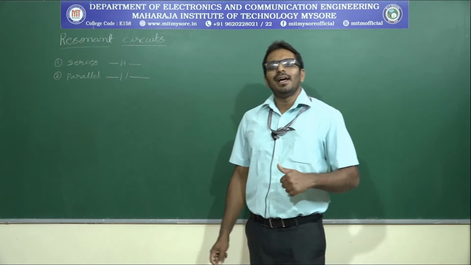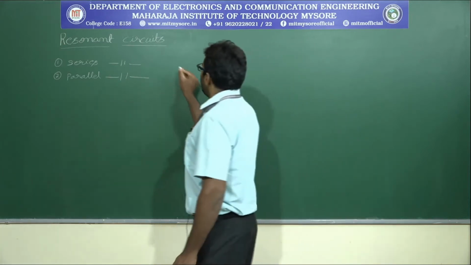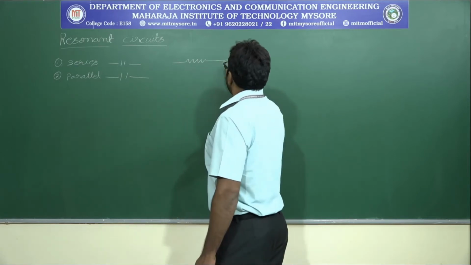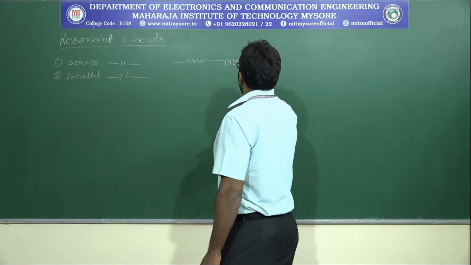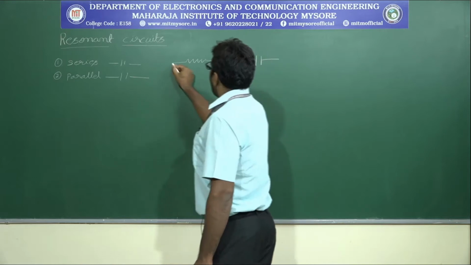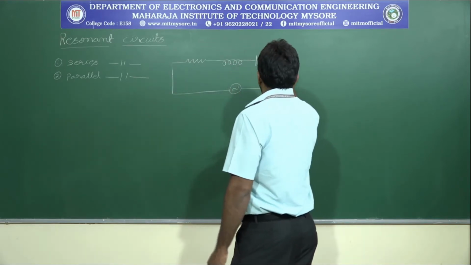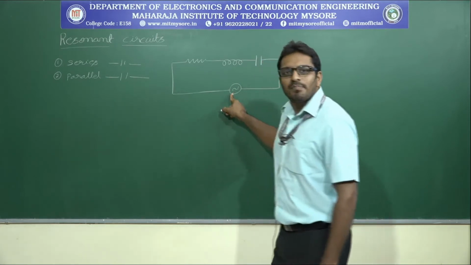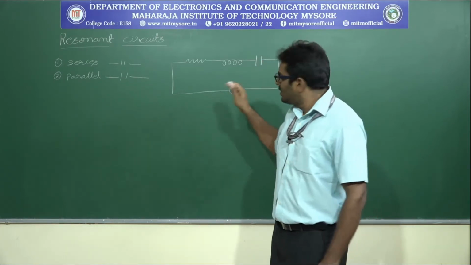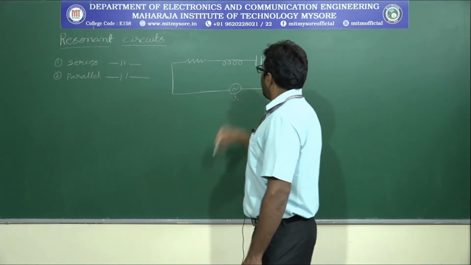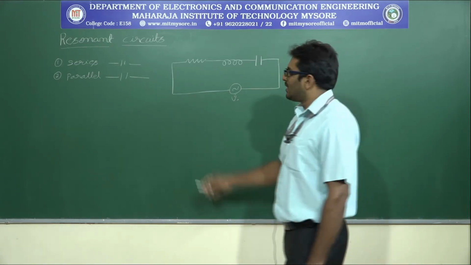What is a series resonant circuit? When R, L, C are connected in series, let me write this circuit diagram. R, this is inductor and capacitor. All the three elements are connected in series across a variable supply. This is nothing but AC supply with a variable frequency.